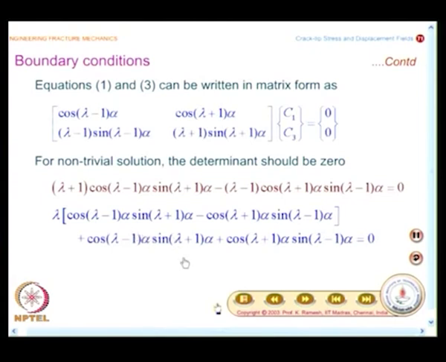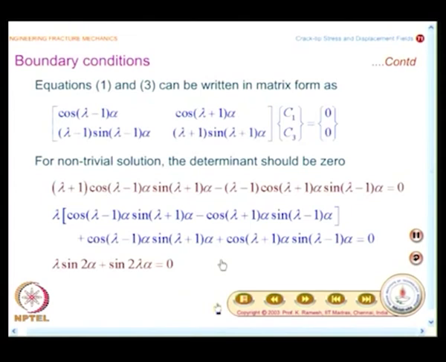You have to read this as cos A sin B minus cos B sin A, because lambda plus 1 is taken as, suppose I take this as B. If you use that rule from trigonometry, I can simplify this as lambda sin 2 alpha plus sin 2 lambda alpha equal to 0.